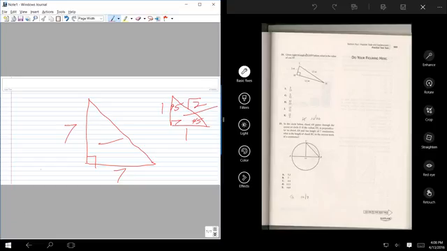Well, this side is corresponding to the 1. So the similarity ratio is 7 to 1. Every side on this triangle has to be 7 times every side on that triangle. So what's the hypotenuse? Is it just 7 root 2?